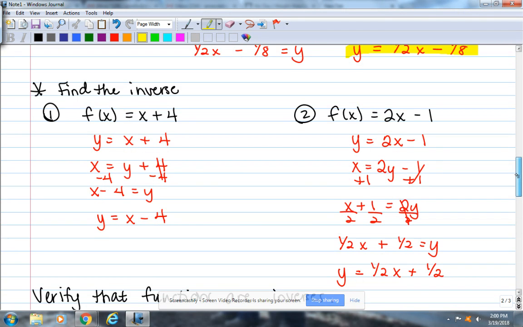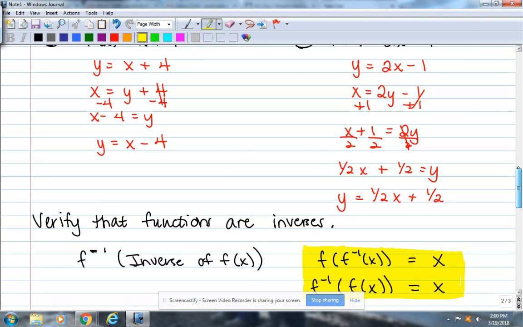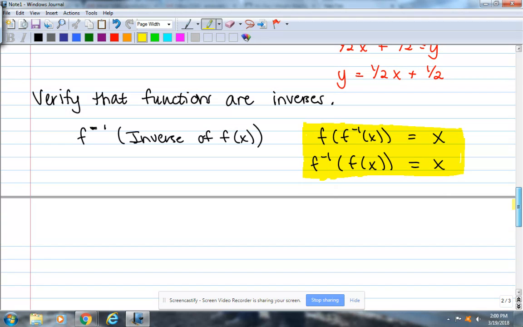All right, so this example, what letter are we on? D. So for example D, we're going to do some of Friday's lessons. They tell me f of x equals 3x minus 5.